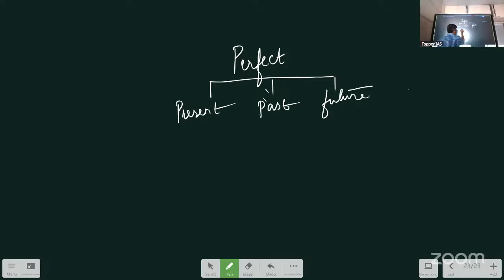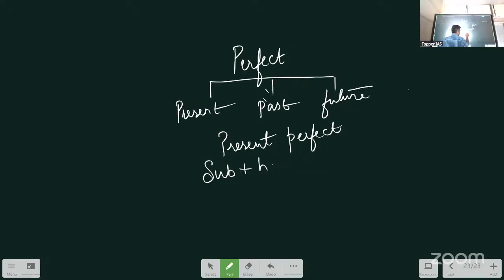So present perfect. What is present perfect ಅಂತ ಅರ್ಥ ಮಾಡ್ಕೊಳ್ಳೋಣ. The structure is subject plus have or has plus verb in the third form. This verb in the third form also you should learn by heart.